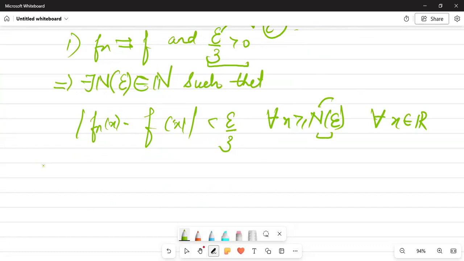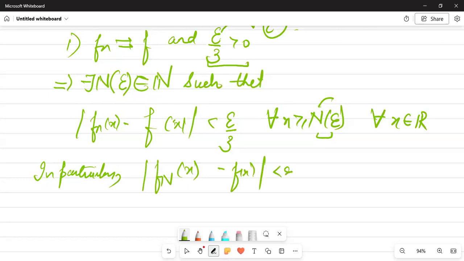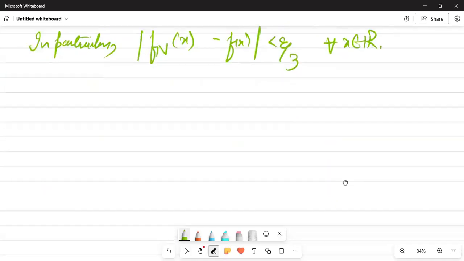So in particular, |fN(x) minus f(x)| is less than epsilon by 3, now I am just fixing this N for all x in R. This happens because of uniform convergence.